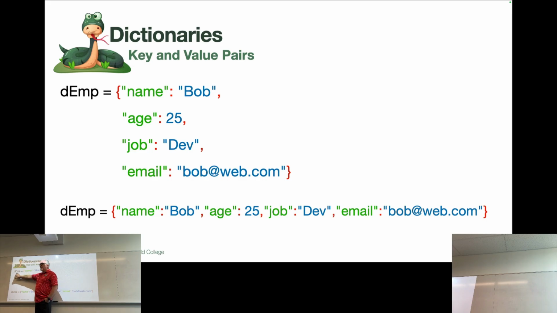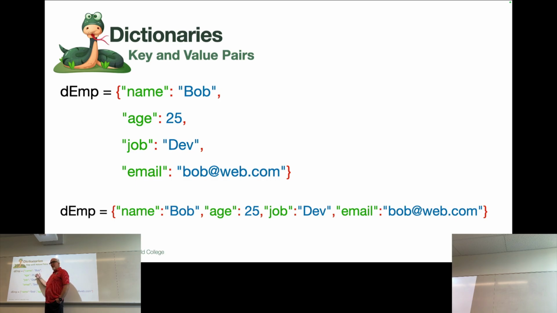So if I have an employee database or a dictionary that holds employee information, I know that this is the employee's name, the employee's age, their job, their email. It's really easy to see the parts of this. Whereas if I had this information in a list where I just had Bob, 25, Dev, and an email address, it'd be a little trickier maybe to remember what's what.